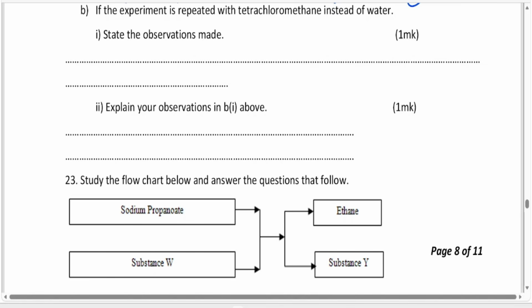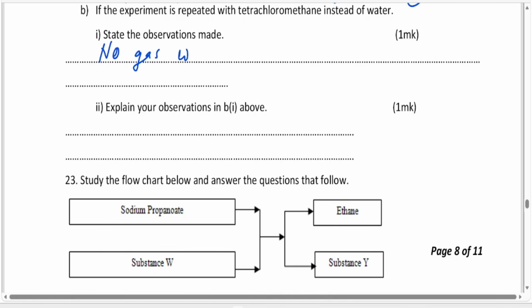One, I will not be able to see the color of chloric 1 or chlorine water, that is yellow green. And again, I will not be able to see the gas being collected. Therefore, we can say no gas will be collected in the boiling tube. That is one of the observations.